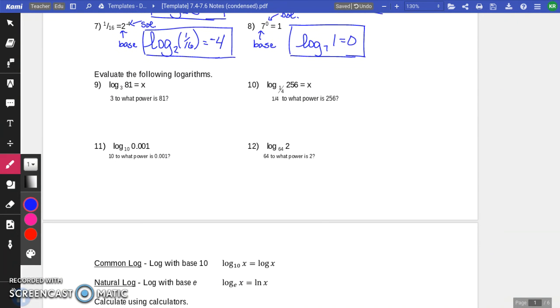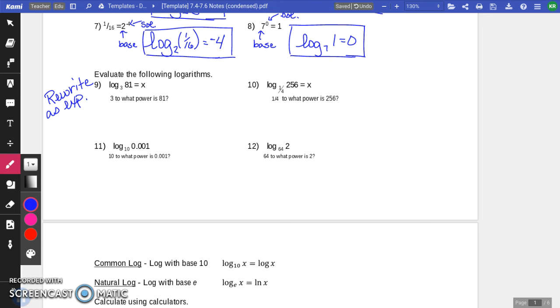Okay, then this: evaluate the following logarithms. We have a logarithmic equation here, and we're going to solve it for x. Since logarithms can be rewritten as exponentials, we're going to rewrite it as an exponential equation and then see if we can solve it.